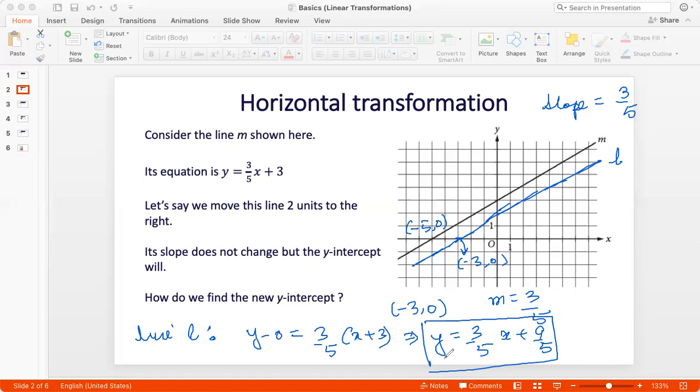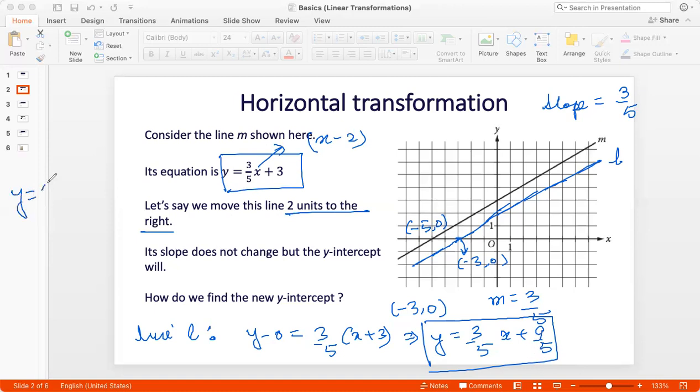Now, could I have gotten this directly? Yes, I could have. If in the original equation of line M, for a shift of 2 units to the right, I had replaced x with x minus 2, I would have gotten the same equation that I've gotten here. So let's see how that happens.